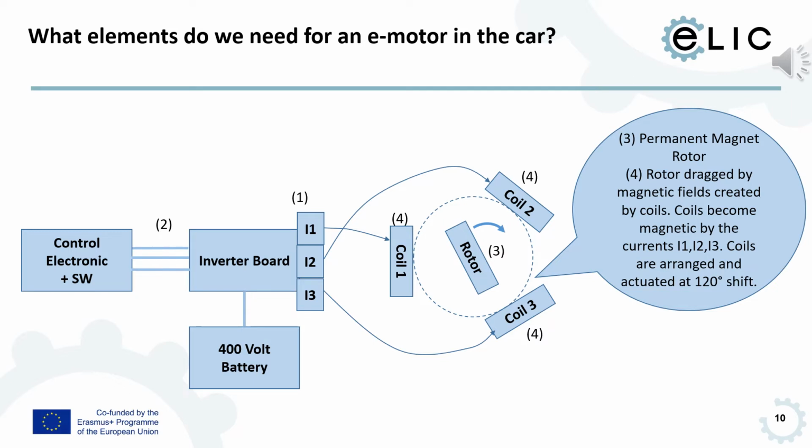Then we, in the circle, would actuate coil 3 by the electric current I3, so that coil 3 creates a magnetic field and drags the rotor towards coil 3. And using a clocked mode of actuating I1, I2, and I3 with a 120-degree shift, it starts to turn the rotor inside the coils, and that creates the motor torque.